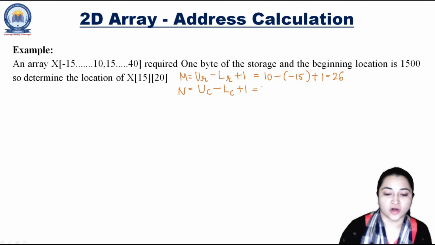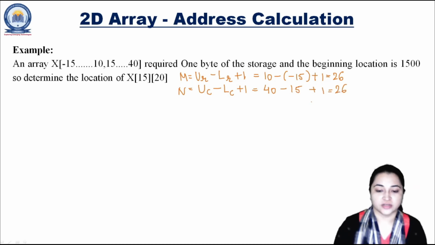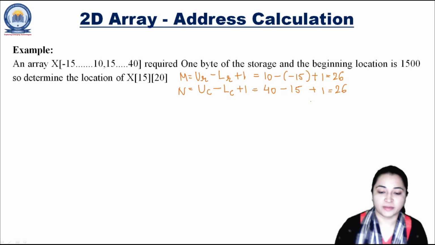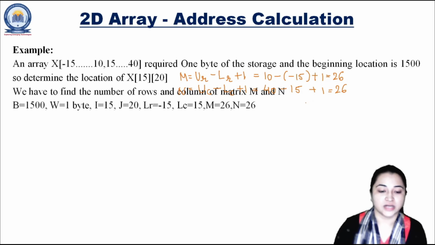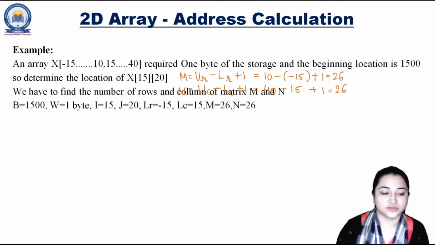So upper bound of column is 40 minus lower bound of column is 15. So that is 25, plus 1 is equal to 26. So in that case we have the values of M and N as 26. Okay.